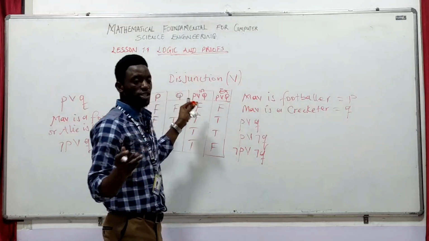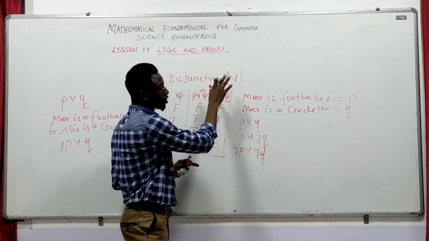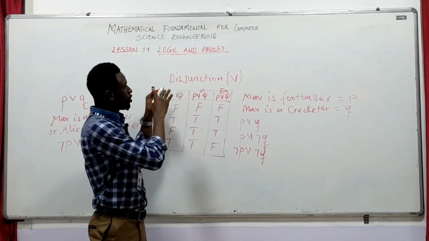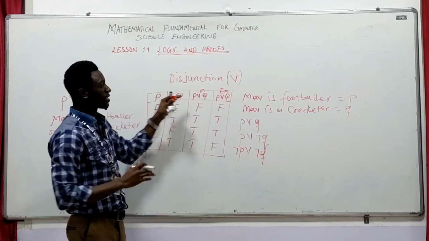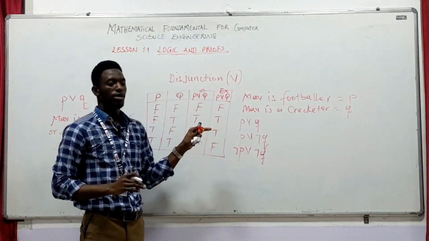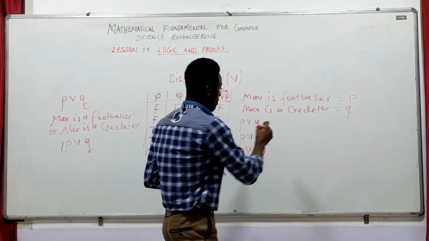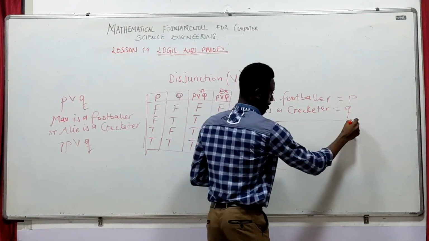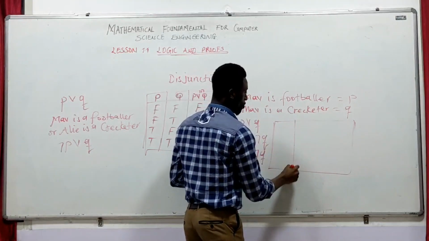So in this video, you see disjunction and conjunction. So now you see from disjunction, you see the difference here between the exclusive OR and the inclusive OR. I just want to give you a trial. Complete this table.